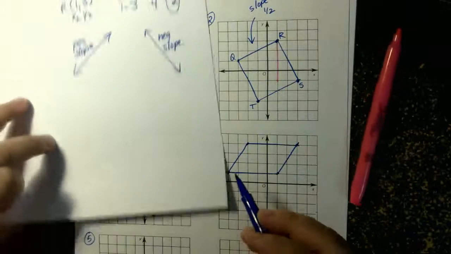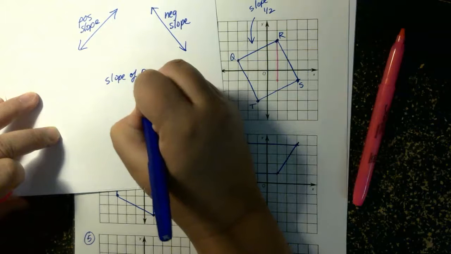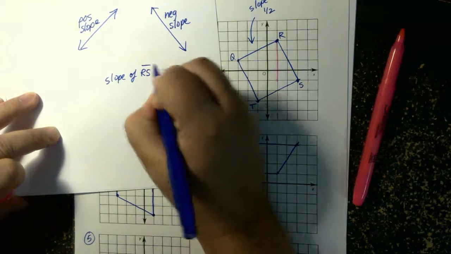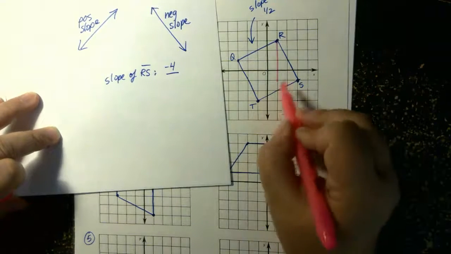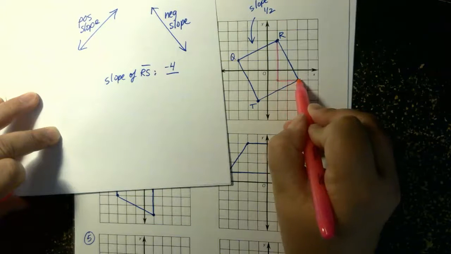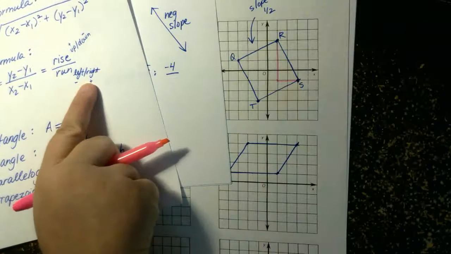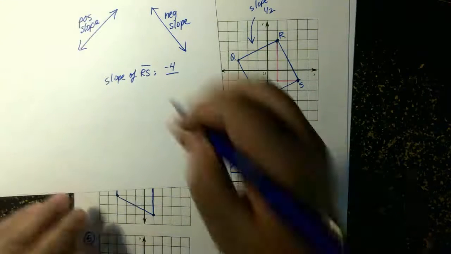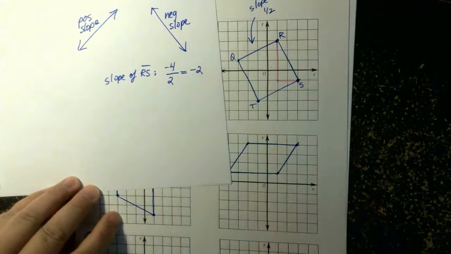So for my slope of RS, on top I have -4 so far. And then from there I'm going to go to the right 1, 2. Right is positive, so the bottom number is going to be a +2. And this simplifies to -2.